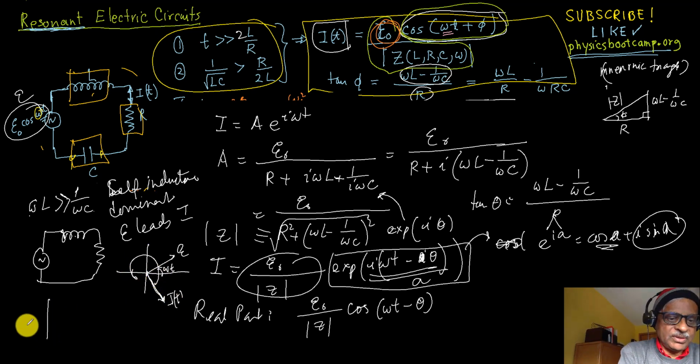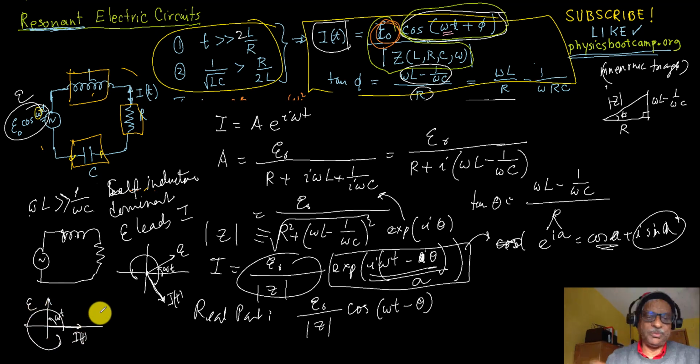If the current was in that direction, then the EMF is in that direction. This is omega t, and this whole thing is rotating. This phase is rotating. We have addressed this in another video. These are called phasor pictures.